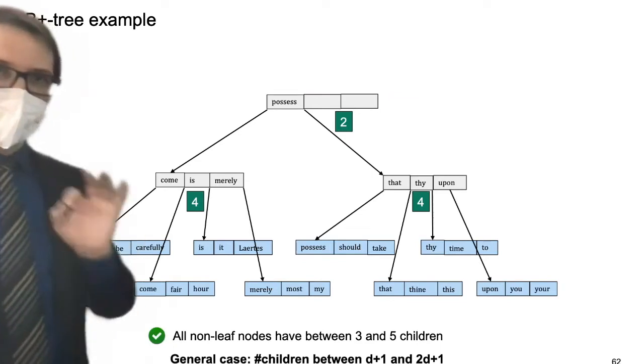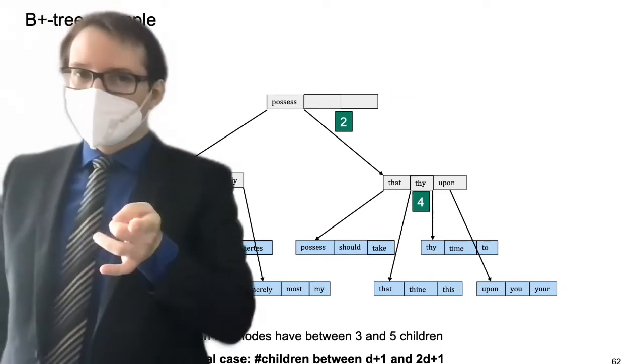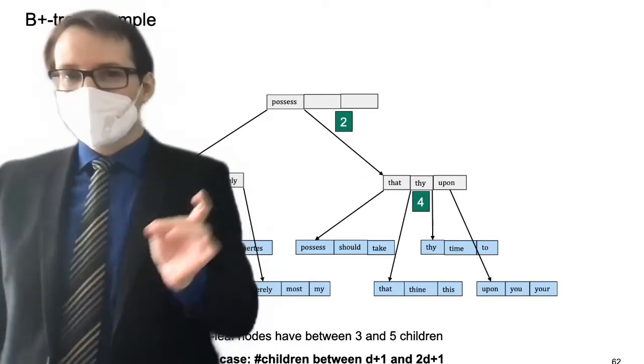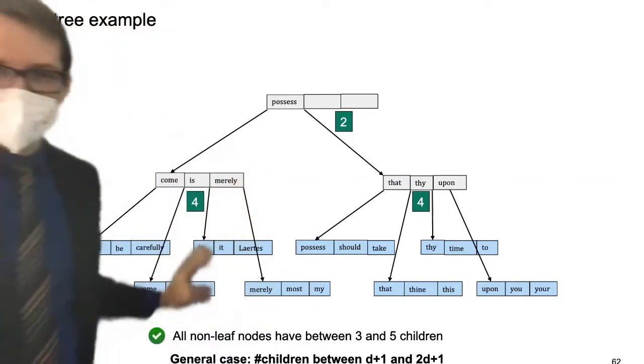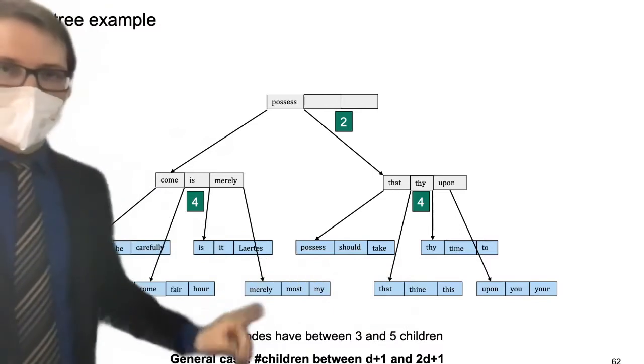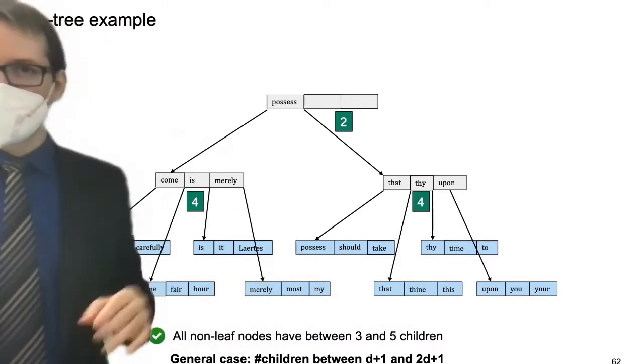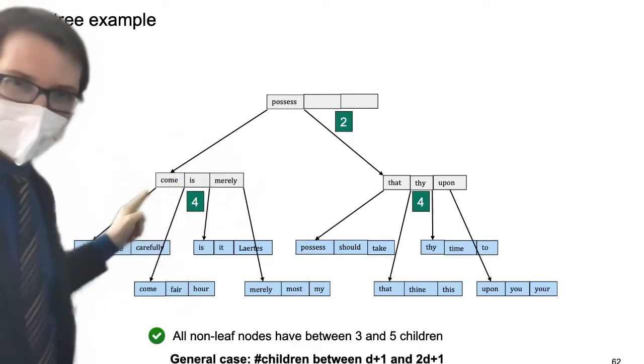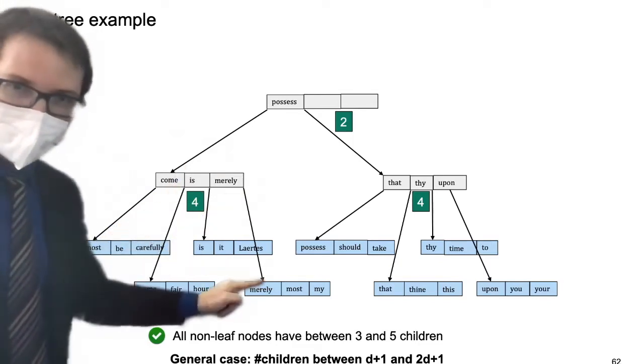All right. So typically, in a tree index like that, we have an interval of a low number of children. We say, for example, that all nodes, except of course the leaf nodes, have between 3 and 5 children. They can have 3, 4, or 5 children. For example, this node right there has 1, 2, 3, 4 children.